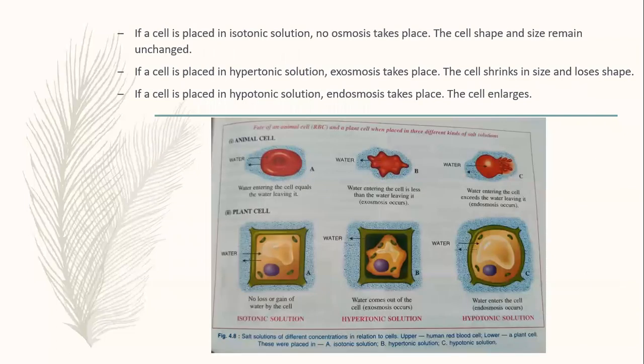To understand the three conditions, we see the diagram given. Look at that diagram given here. An animal cell and a plant cell placed in three different kinds of solution.